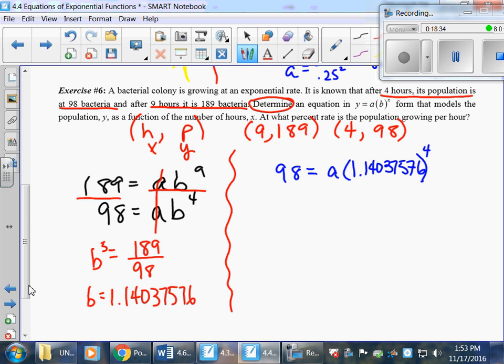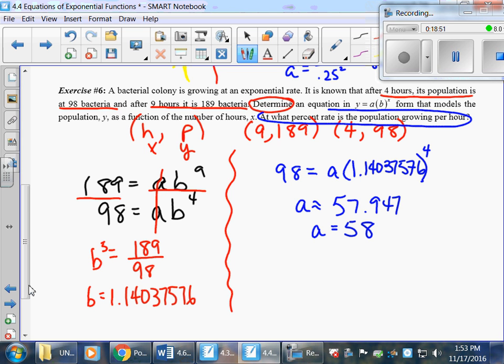Once you solve this, a turns out to be approximately 57.947. For ease of calculation, we're going to say a is equal to 58. It doesn't say to round it here, because what it's actually asking is what percent the population is growing per hour. We don't want to round too soon, but I think we're pretty safe doing that.